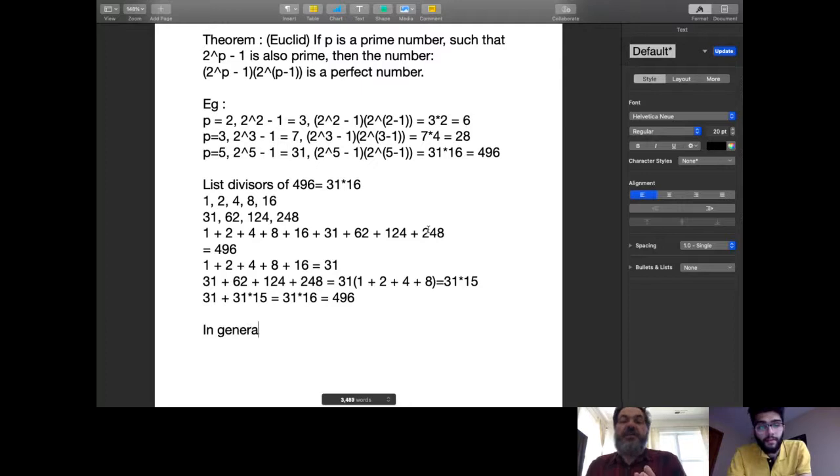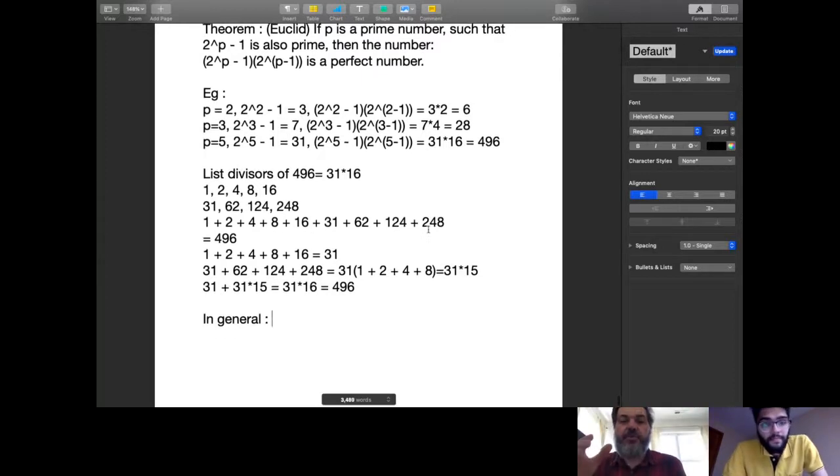Another line. So in general, let q, little q, be equal to 2 to the p minus 1. Not in the exponent, 2 to the p minus 1. So let's write, q is a prime.